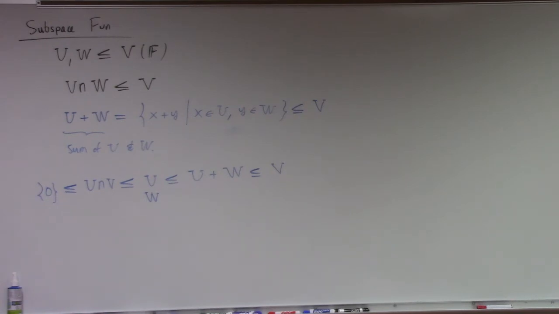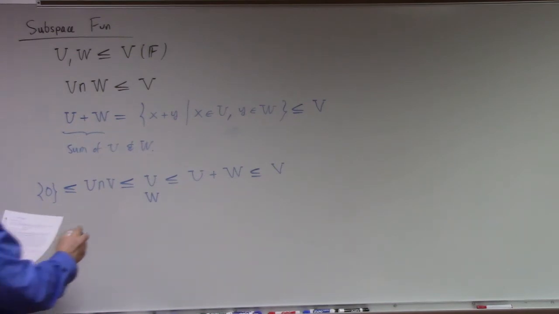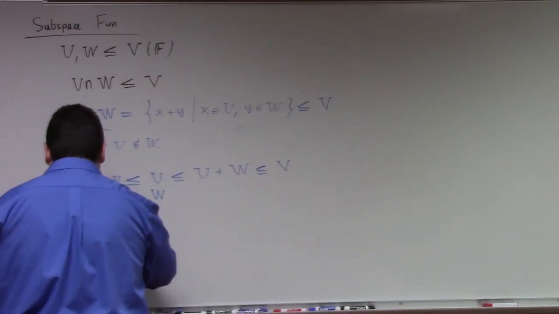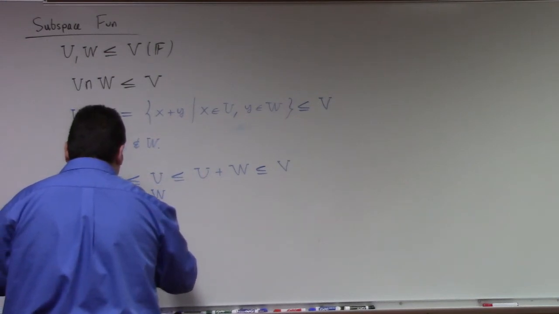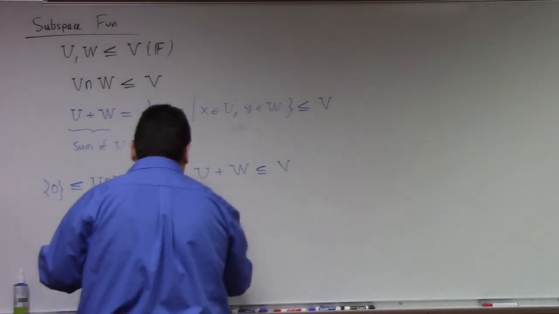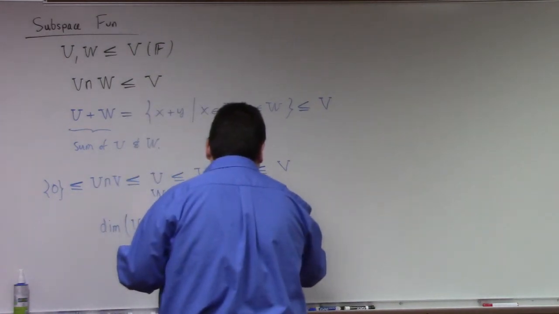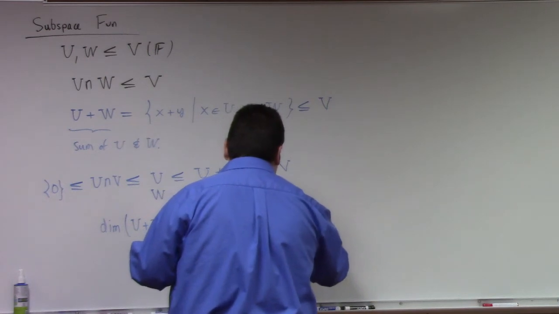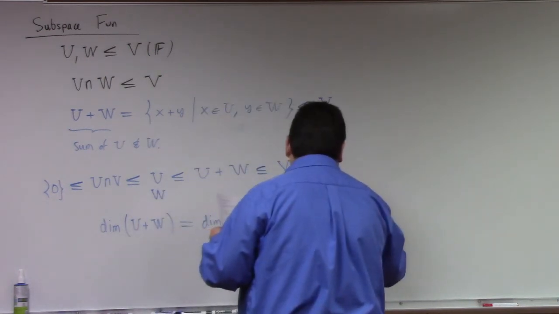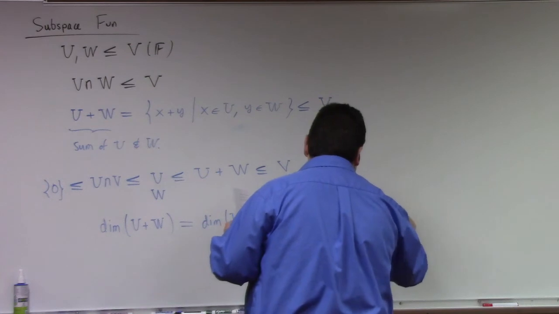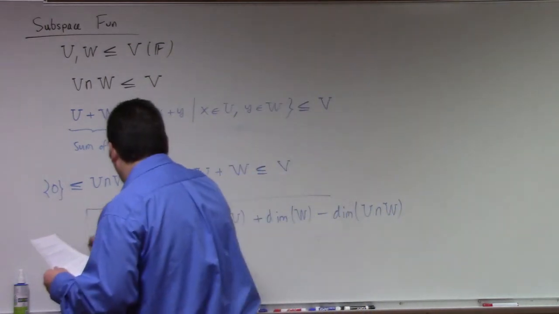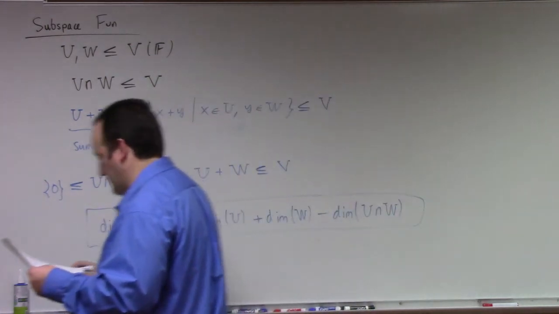How are these related? Well, there is a theorem. Here's how it goes. The dimension of U plus W is equal to the dimension of U plus the dimension of W minus the dimension of the intersection. That's how they're related.